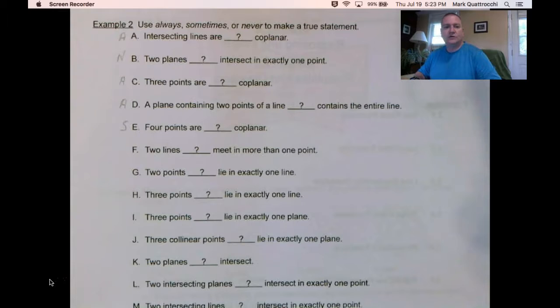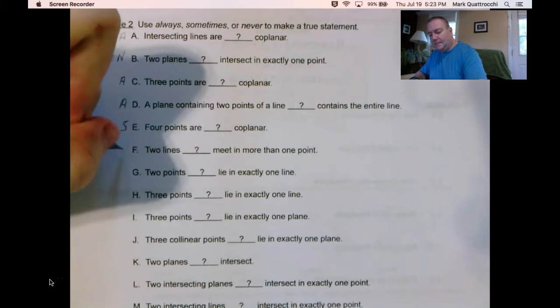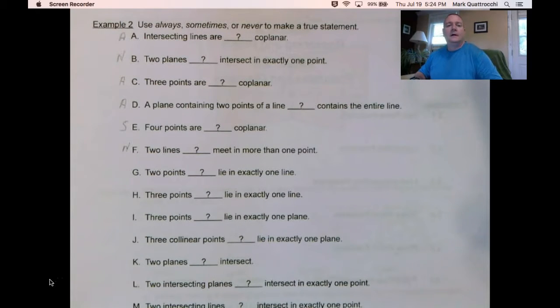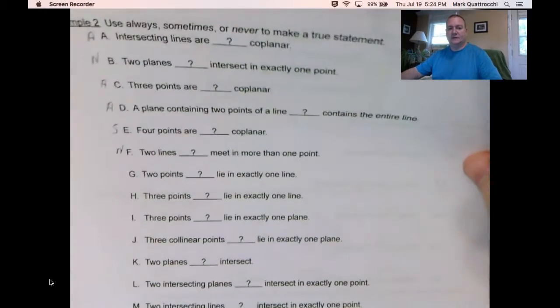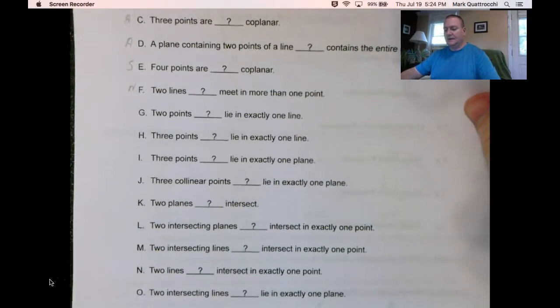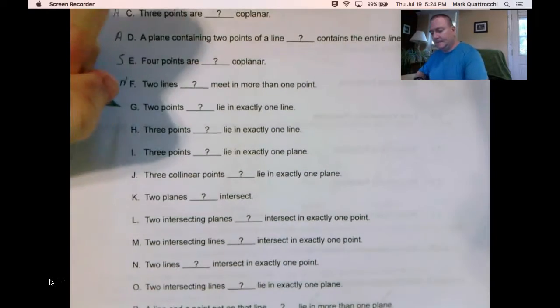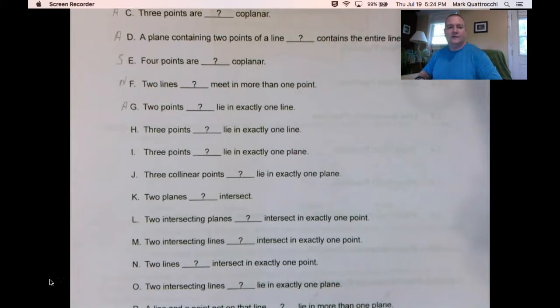F, 2 lines always, sometimes, or never meet in more than one point. 2 lines never meet in more than one point. 2 points always, sometimes, or never lie in exactly one line. 2 points always lie in one line. 2 points are always collinear. 3 points always, sometimes, or never lie in exactly one line.